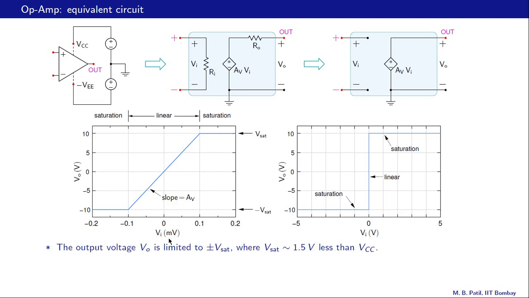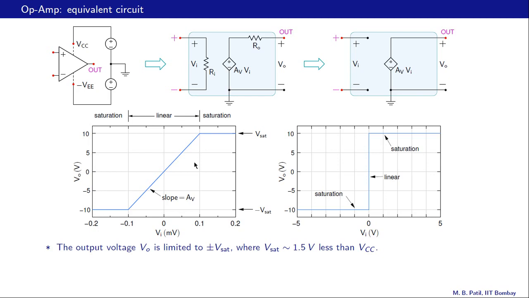We will now look at the VO versus VI relationship for an op-amp. VO is the output voltage with respect to ground, and VI is V plus minus V minus, this difference here. This figure shows the VO versus VI relationship, and as we can see, there are two distinct regions. One is a linear region, and the rest, that and that together, we will call as the saturation region.